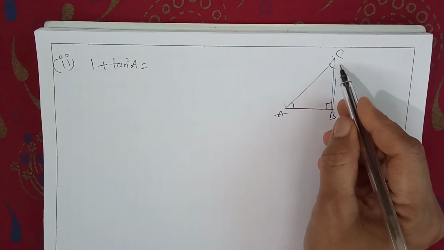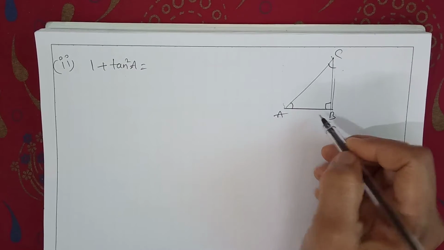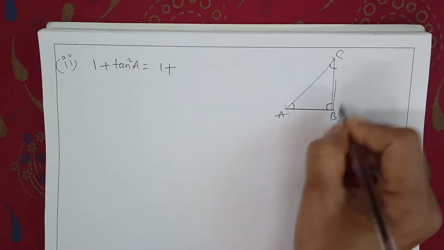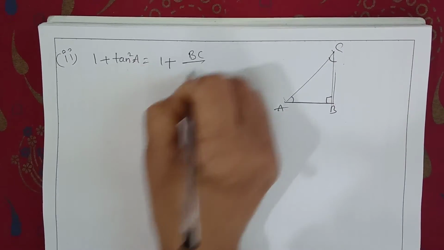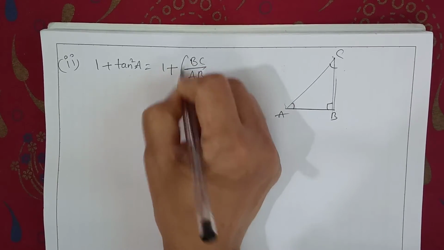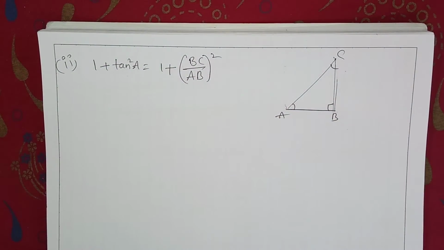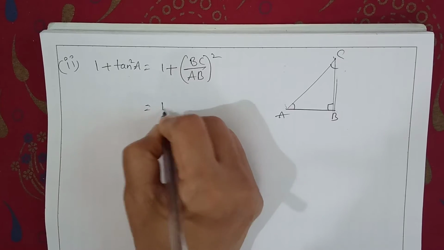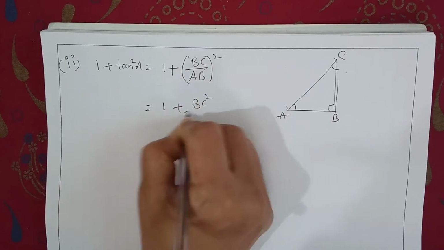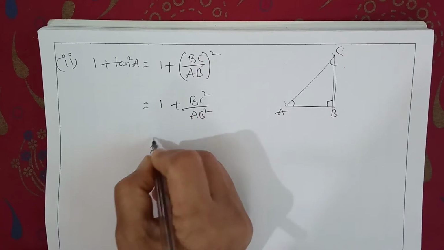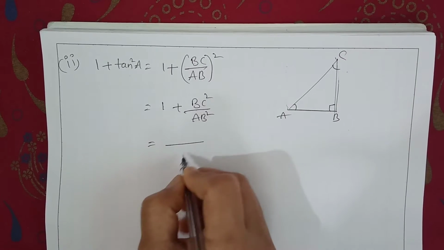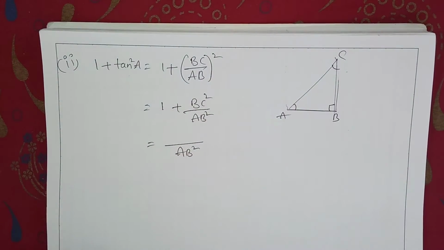Tan is perpendicular by base. So 1 plus (BC by AB) whole square. Directly here I am substituting. 1 plus BC square by AB square. I can go with the LCM. LCM is AB square.